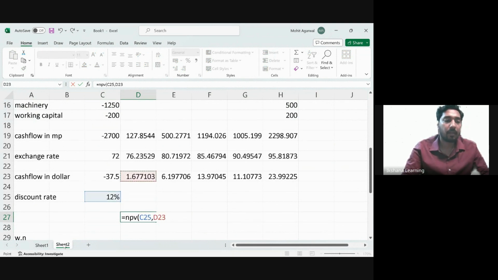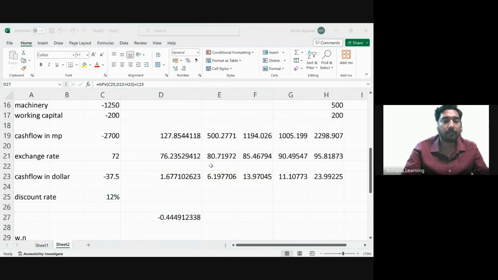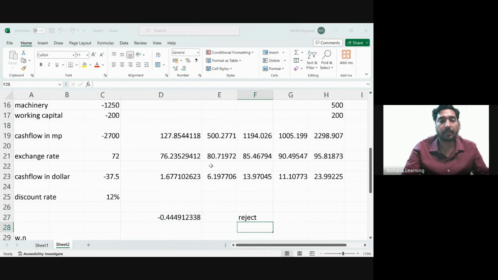See, at first this question appears very daunting, but you can see how easy this question is. So NPV is negative. So prima facie we will reject this project. NPV of this project is negative.